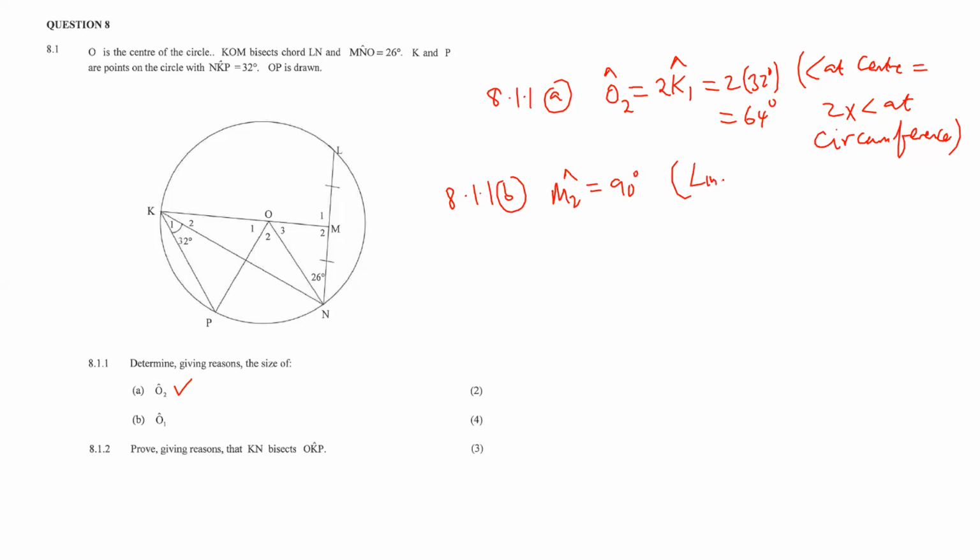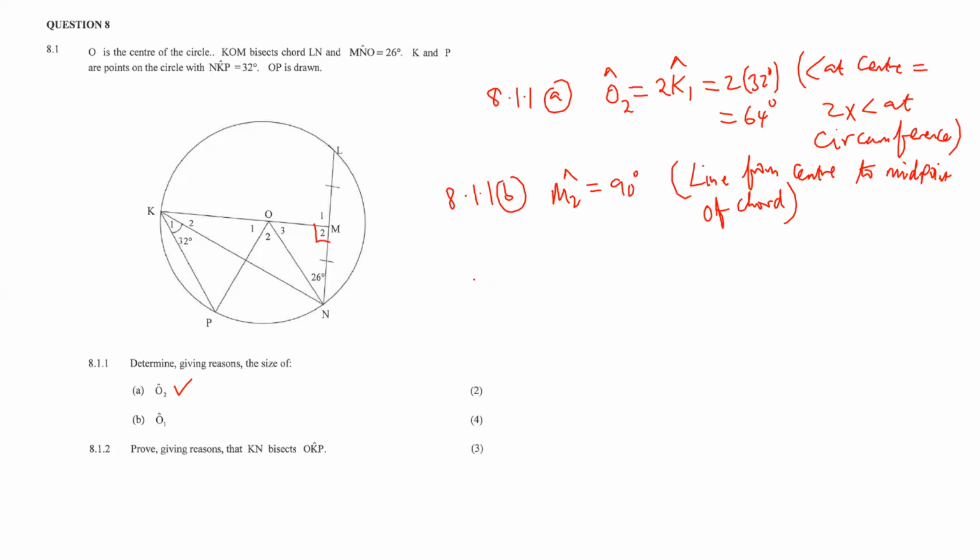The reason is that a line from the center to the midpoint of the chord is perpendicular to the chord. Therefore, angle M2 is 90 degrees.